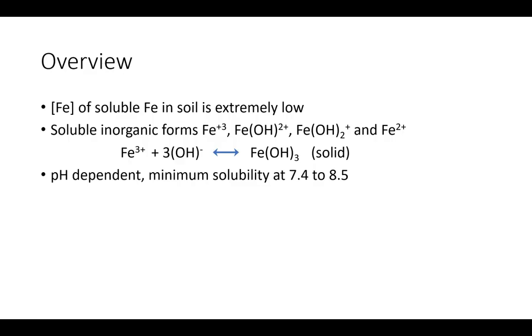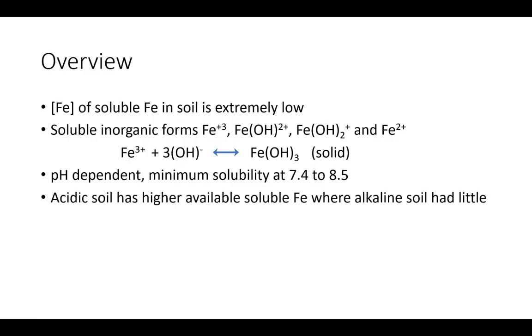Iron being available at the lower pHs is not necessarily a bad thing, whereas its solubility decreases up to about neutral. Acidic soil has higher available soluble iron, where alkaline soil has little. Again, it's not necessarily a bad thing because normally we don't like extremely acidic soils for plant growth. If we had a very acid soil, we might have a lot of iron in it. That could give us a toxicity problem.